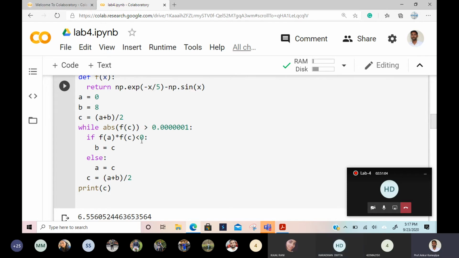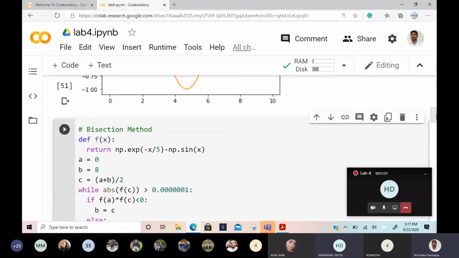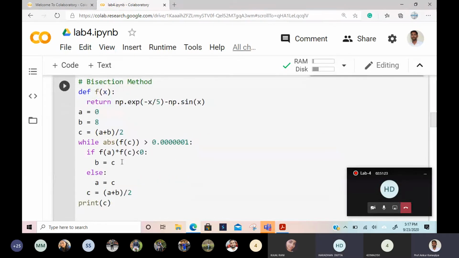That means this is positive, right? This is not negative. That means this part is gone. Then it will choose this interval. It will not choose the other interval. It will choose based on this. See, I wrote both cases. If this happens, then this is the interval.